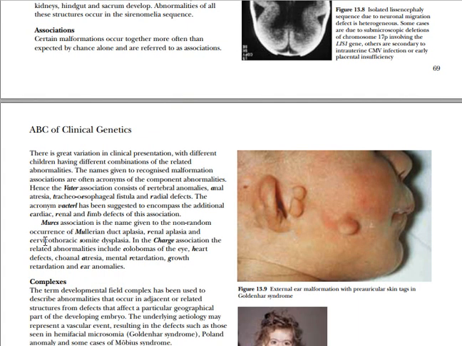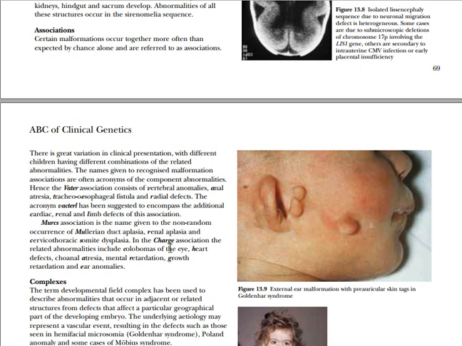Now the next one is MURCS association. MURCS association is given because of the non-random occurrence of Müllerian duct aplasia, renal aplasia, and cervicothoracic somite dysplasia. Those are the three main things involved in MURCS association.